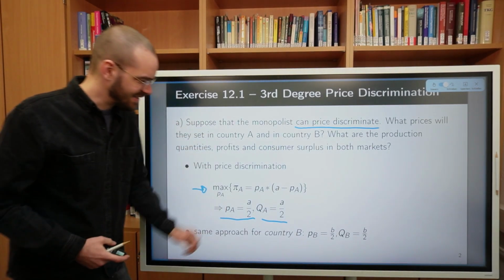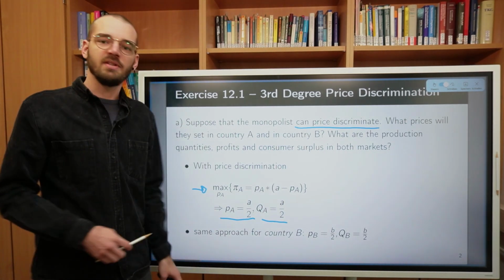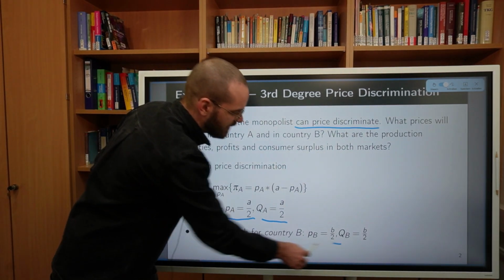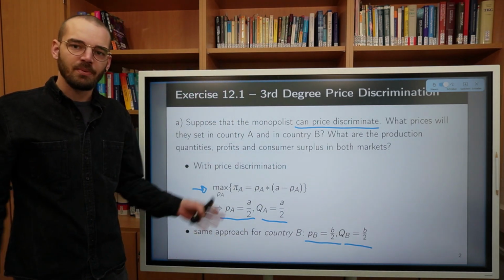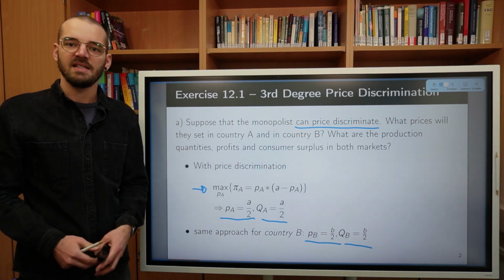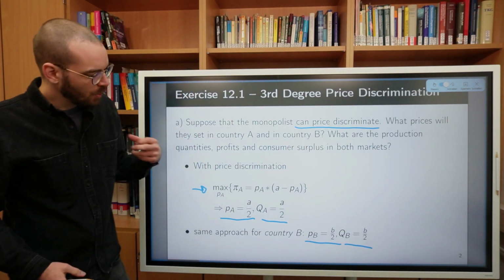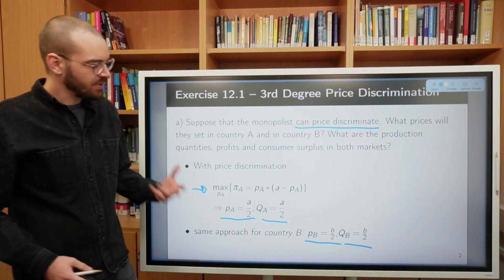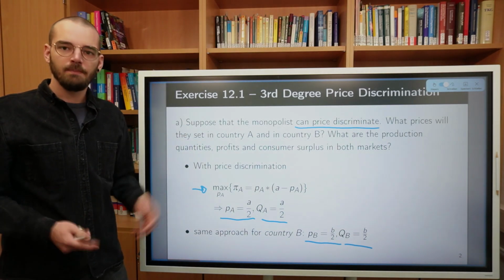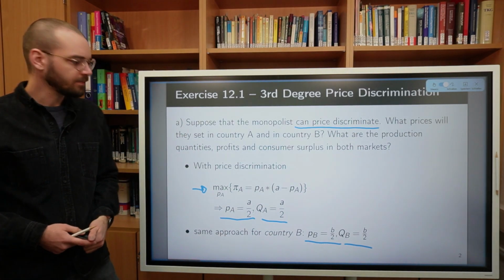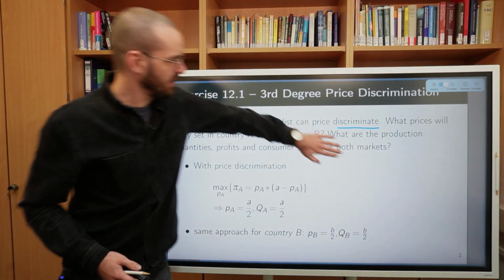So we do the exact same for market B, and we get very similar results, only difference being that now parameter A is interchanged for parameter B, so the profit maximizing price in market B would be PB equal to 1/2 B, and the profit maximizing quantity in market B, QB, equals B divided by 2.